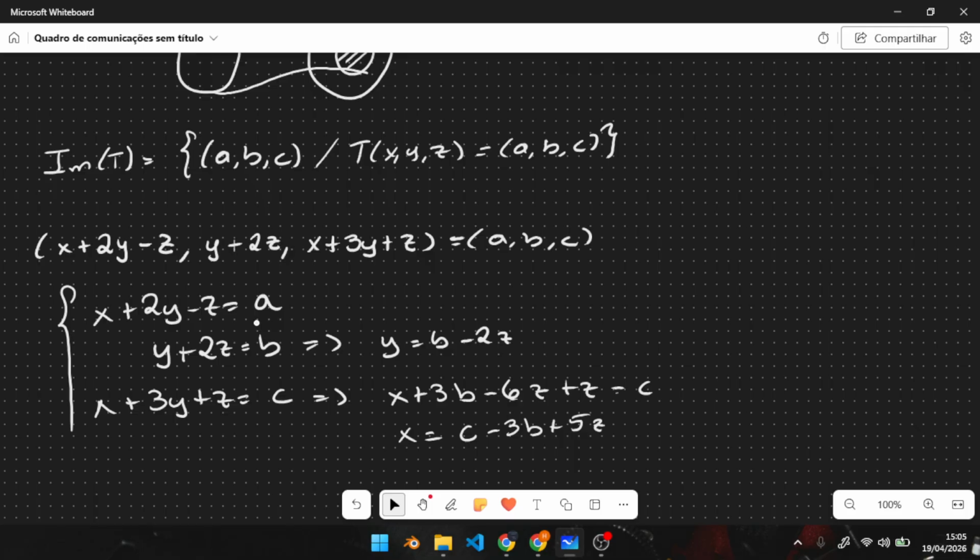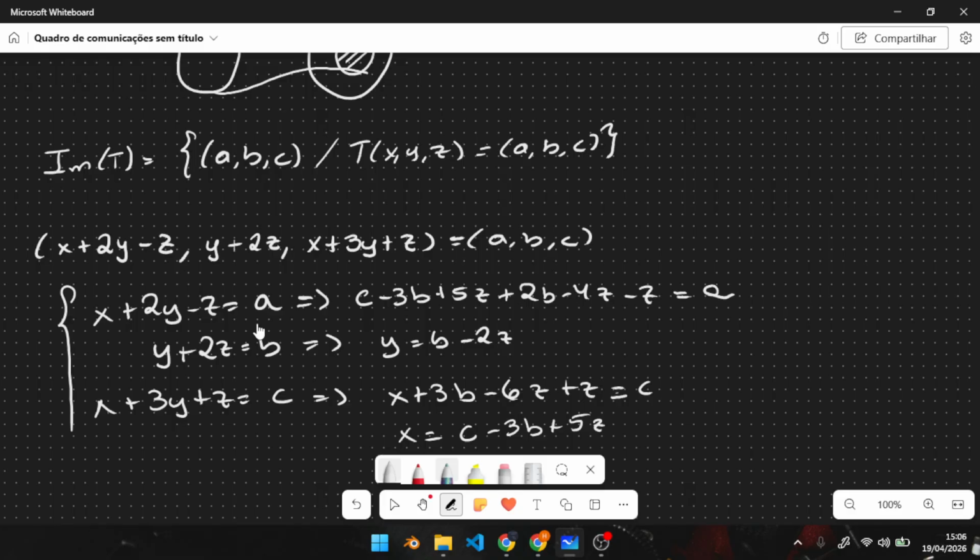X is c minus 3b plus 5z, yeah. And then you put over here, I don't know why it's laggy, c minus 3b plus 5z, which is x, plus 2y, so that's plus 2b minus 4z, minus z, that's a.